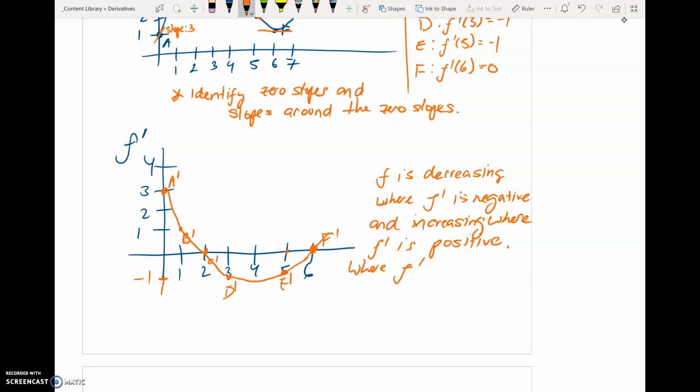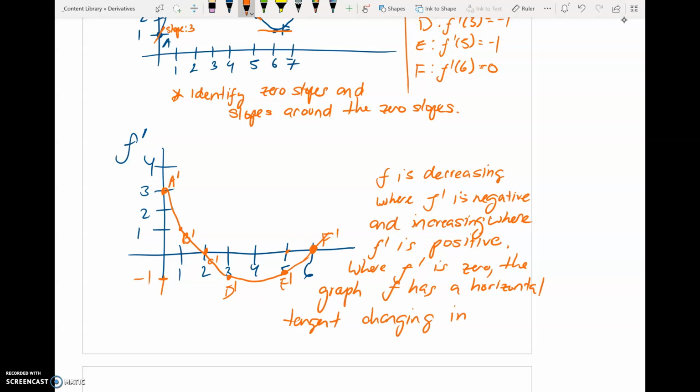Where f prime is 0, the graph f has a horizontal tangent. We figured that out earlier. Changing from increasing to decreasing or vice versa.